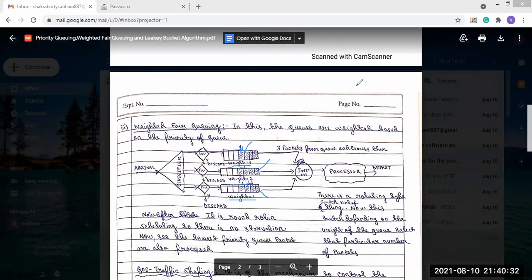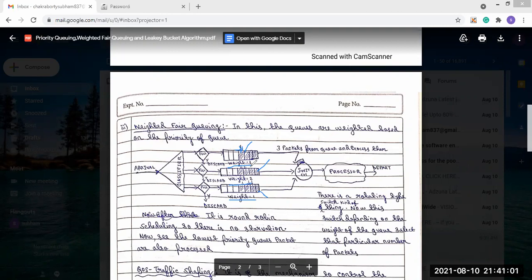But in weighted fair queuing, we solve this problem. How do we solve it? The packets are chosen based on the weight of the queue, and the switch is a rotating switch, so it will go first to the queue that has the highest priority, and check the weight of that queue.